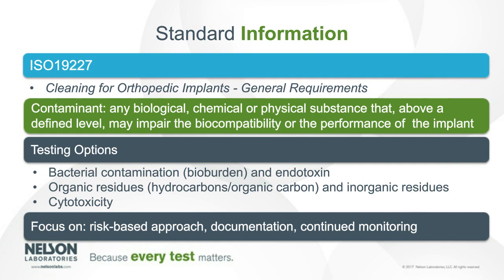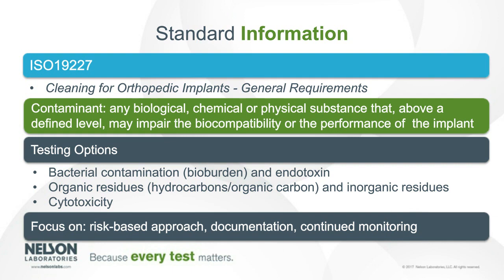What that means is individual manufacturers will take a look at their process, their device, what comes in contact with the device, what could be left behind, what theoretically could be there, and what the manufacturers are concerned with in regard to the cleanliness of the device. And then that will help us choose different test methods to evaluate that cleanliness. The standard walks through that process of risk-based approach and how to document it from the manufacturer's perspective.